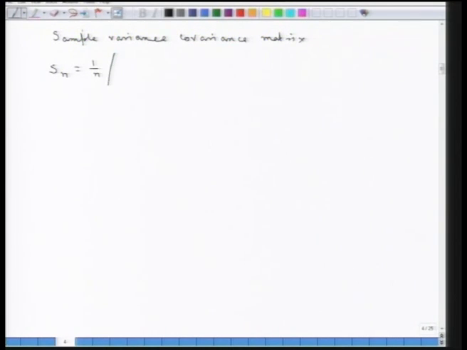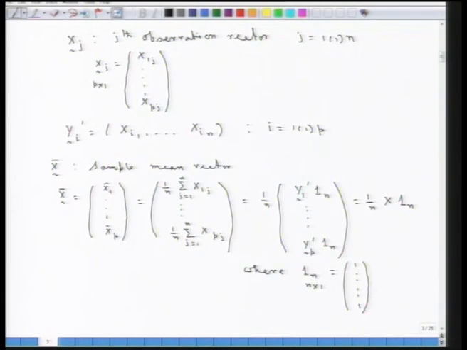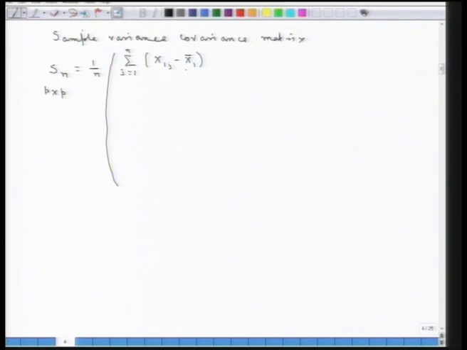It is based once again on the random samples that we have drawn, and it's a p by p random matrix which has the following entries. The 1,1 element is going to be given by x1j minus x1 bar. Now x1 bar is what we have already defined through the sample mean vector, so that's what is going to be used here.